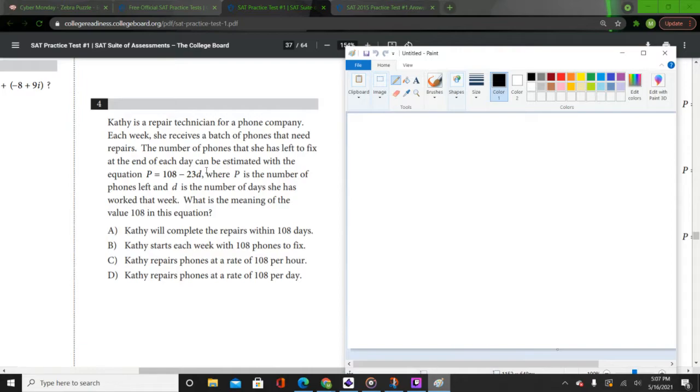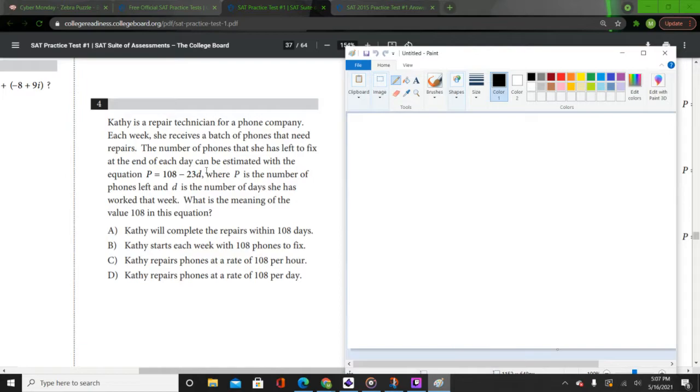However, let's say this problem was a bit harder, and instead it starts each week with 100 phones to fix, or let's say it starts off each week by fixing 108 phones. We'd have to dig into it a bit more. Based on logic, let's assume D is 0. Kathy has worked 0 days, which is P is equal to 108.